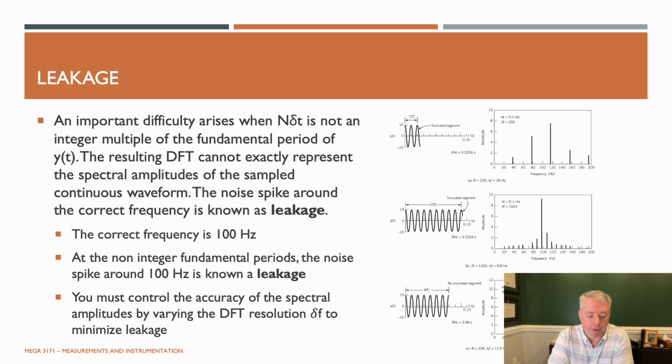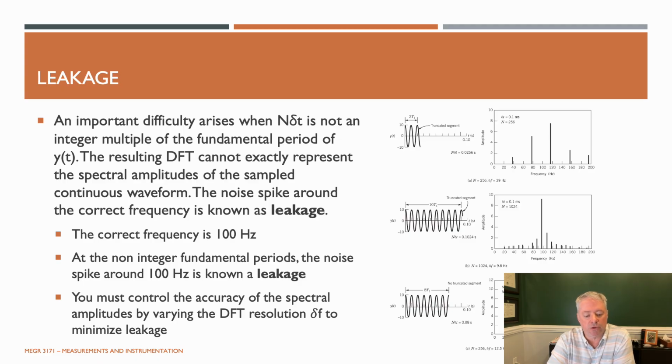So if our total sample period is not an integer multiple of the original signal's period, we really don't want to do this, but when it happens, we run into a problem called leakage. Instead of seeing a single sharp peak at the true frequency, the energy leaks out into the surrounding frequencies, creating a broader noise spike.